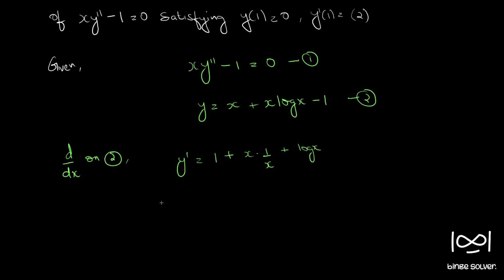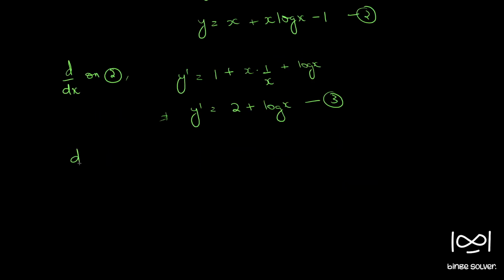So we have y dash equal to 1 plus 1, 2, this cancels out, 1, 2 plus log x. So we have our equation 3. Now d by dx on 3, we get y double dash equal to 0, plus differential of log x is 1 by x. So we have our equation 4, y double dash.